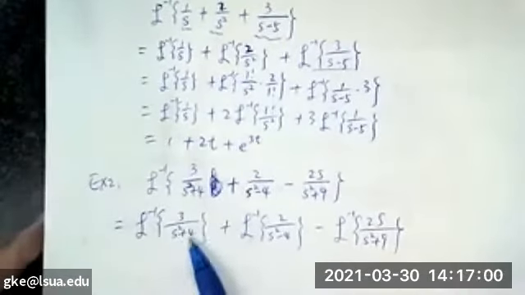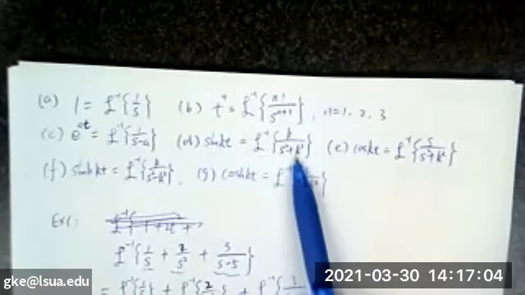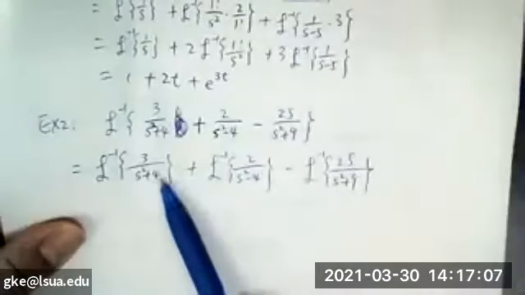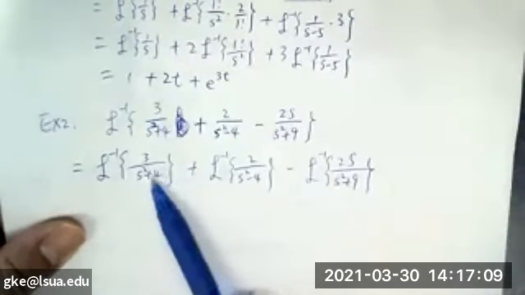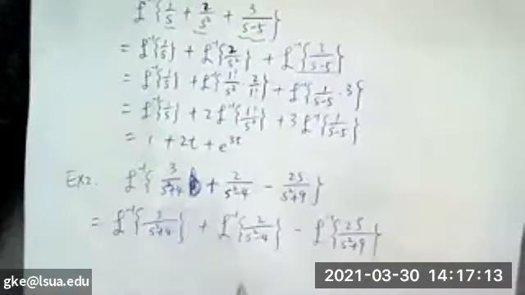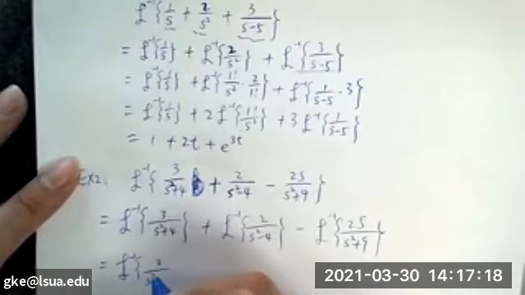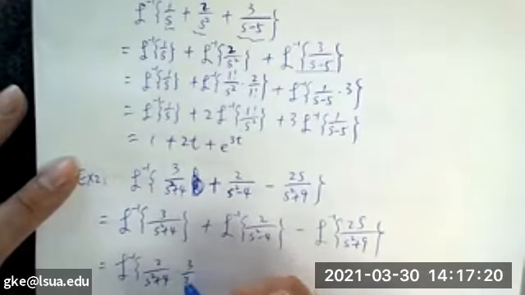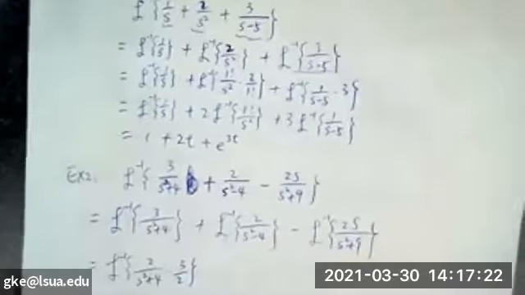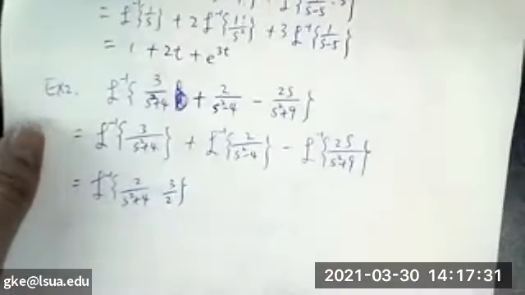So s squared plus 4, formula D, right? K is what? K is 2, not 4, right? 2 squared. So K is 2. So numerator should be 2. Because you put a 2 here, you're gonna divide by 2, because K is 2, so you put 2 in the numerator.